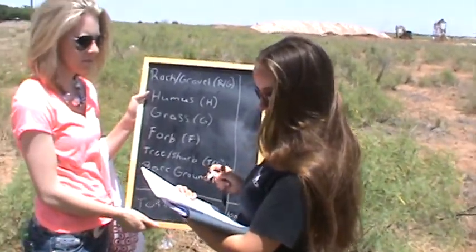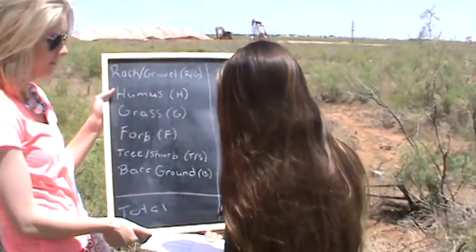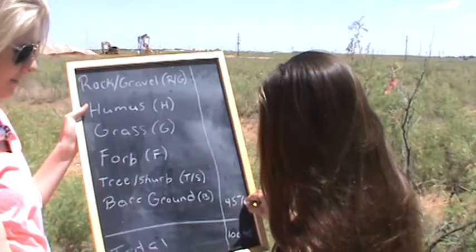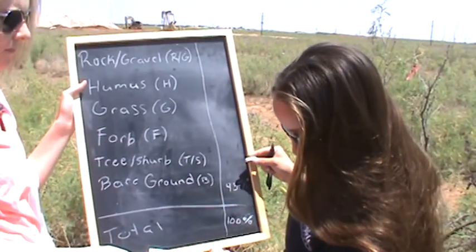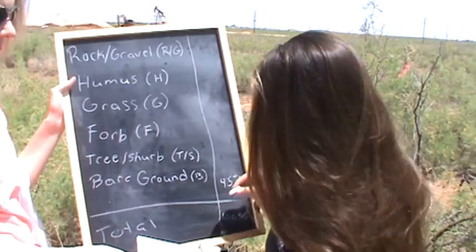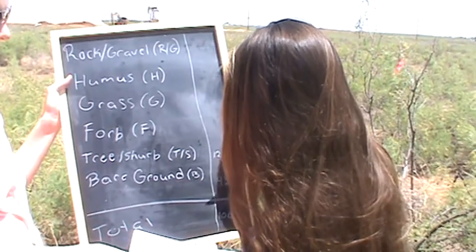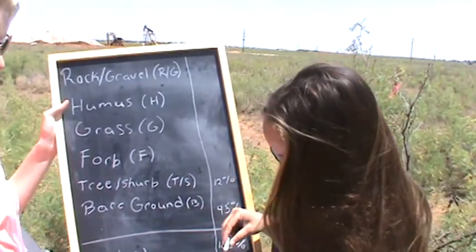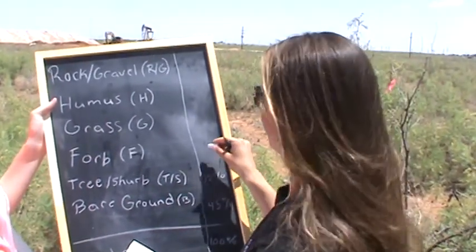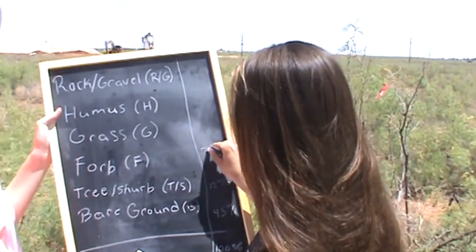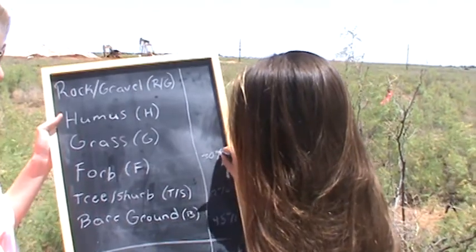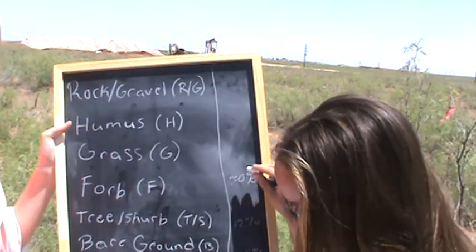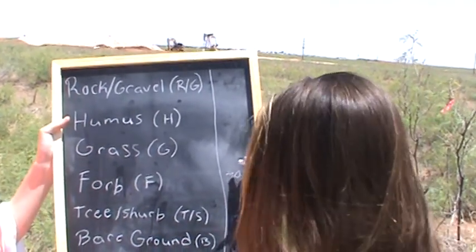So our result for bare ground would be 45%. For trees and shrubs, we'll have 12%. Forbs are 30%. Our grass, due to the fact we haven't had any rain, was only 5%.